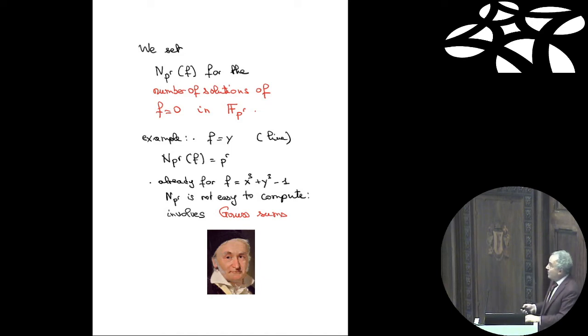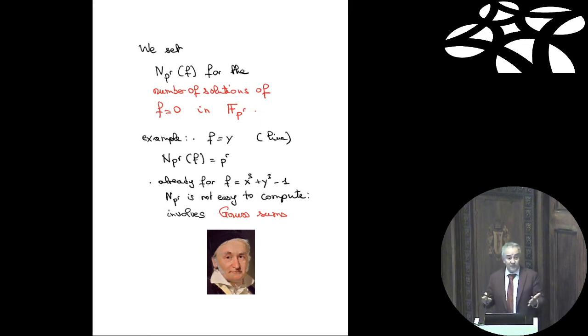I could give a slightly more complicated example by taking an equation of degree 2. But already in degree 3, it's not so easy to compute. Usually the computation involves so-called Gauss sums. So here's a nice picture of Gauss. And Gauss sums are, so to speak, of a transcendental nature. They are finite analogues of the classical gamma function, which you may have seen.